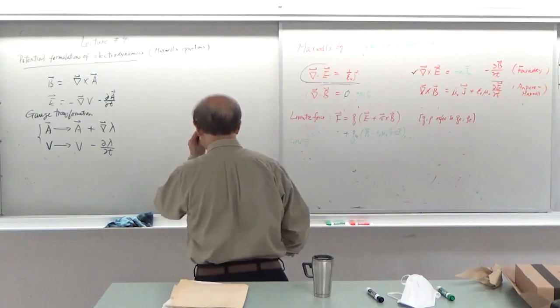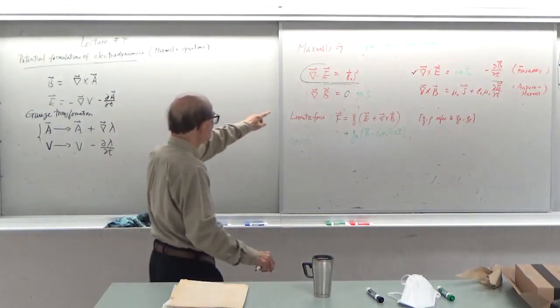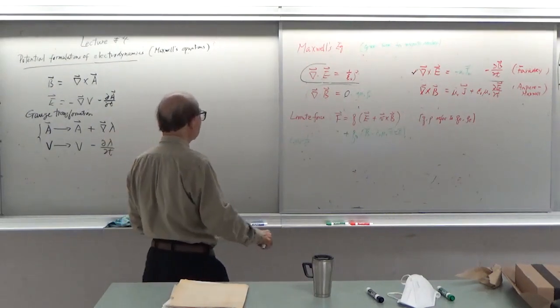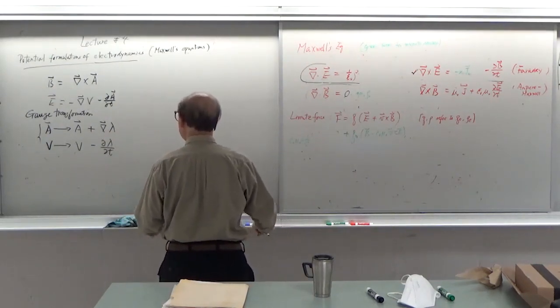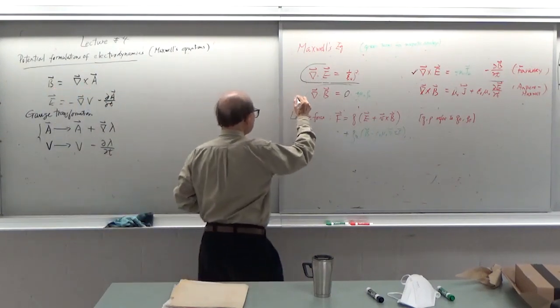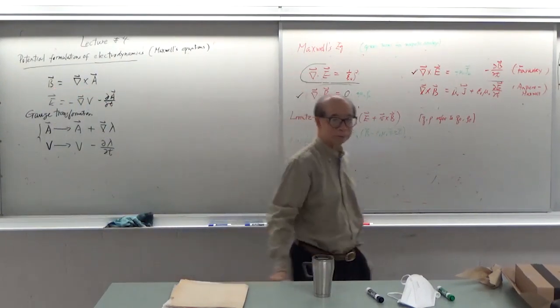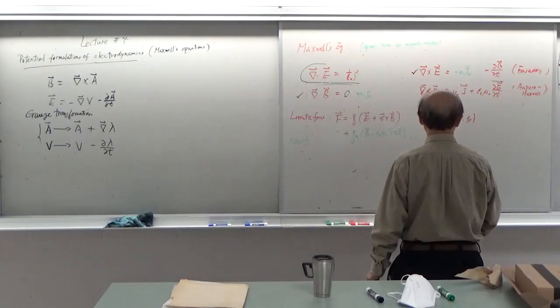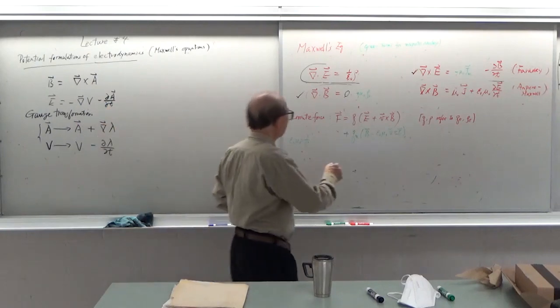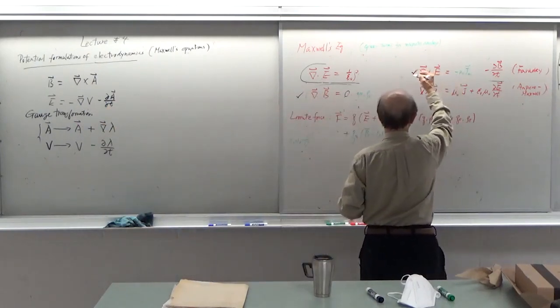All right. So now let's write Maxwell's equations in terms of A and V. Obviously, by choosing B to be the curl of A, automatically this equation is satisfied. So it's taken care of. By writing E in this form and B in that form, this equation is satisfied.